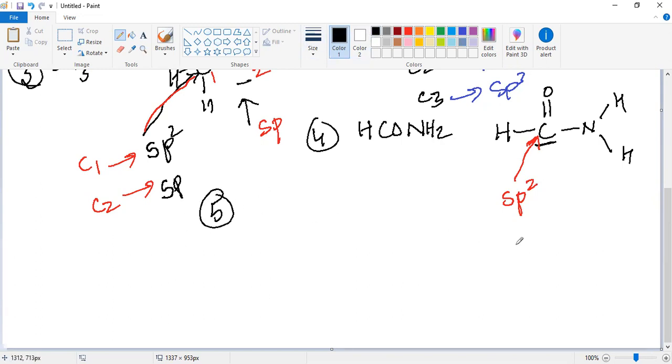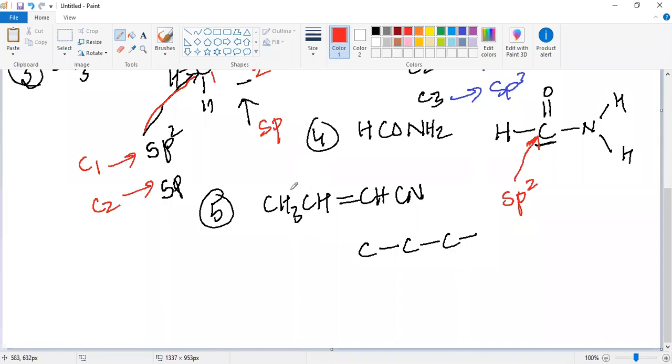Let's move to the next question. The fifth question that we have is CH3CH double bond CHCN. Let me represent this. We have 1, 2, 3, 4 carbons. Let me give the numbers.